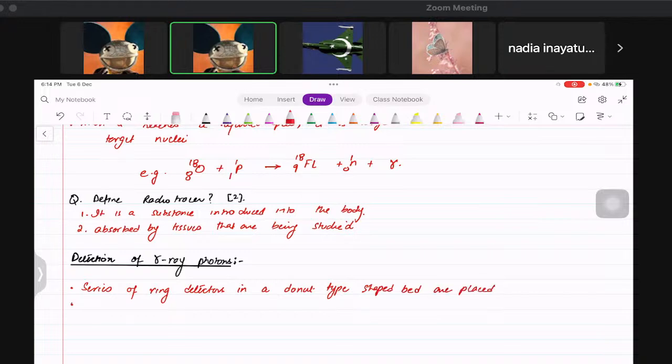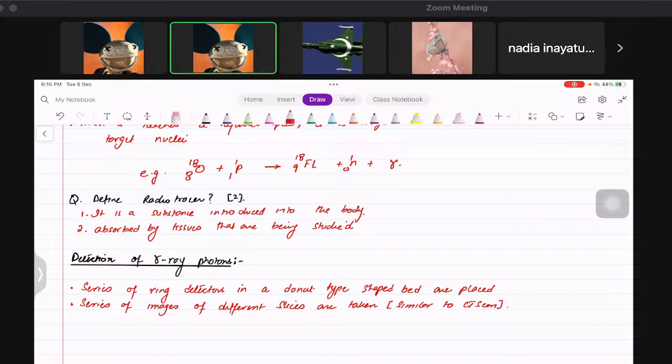Now, a series of images of different slices are taken, similar to CT scan. Basically, we want to construct a 3D model, that's why.